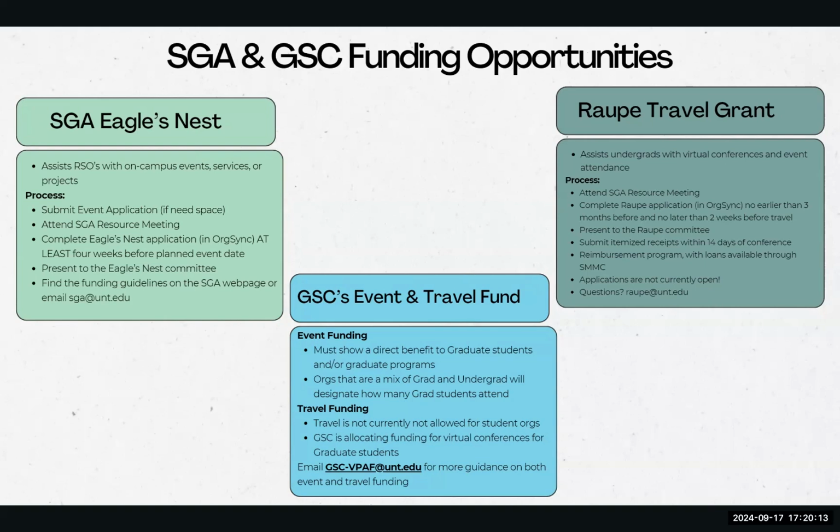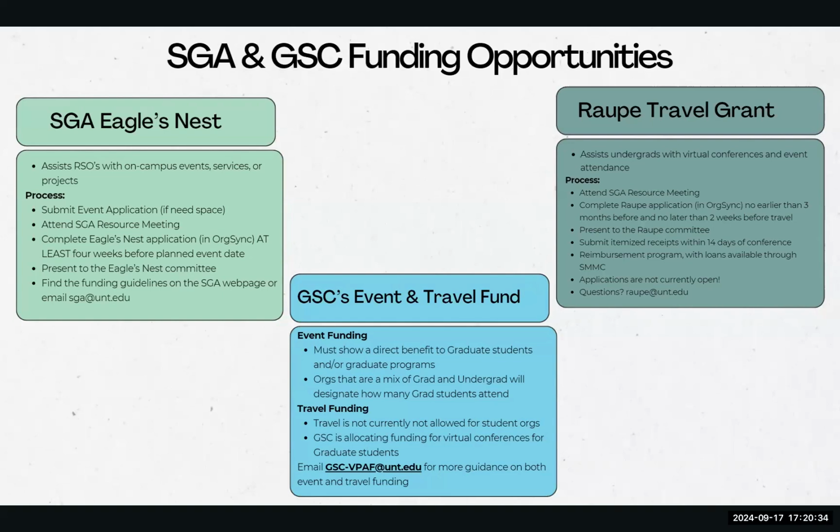So just make sure you're aware of those dates. You have to present to the RAP committee, and then you have to submit itemized receipts as well. There also are reimbursement programs with loans available through the Student Money Management Center, related to the RAP Travel Grant.